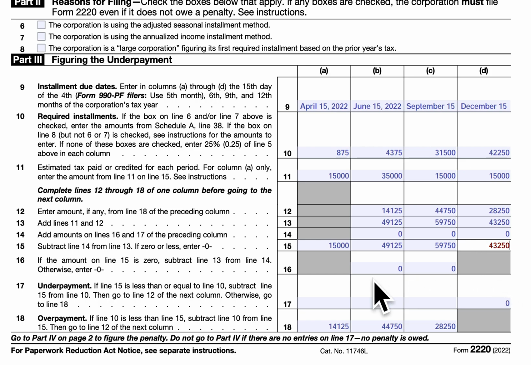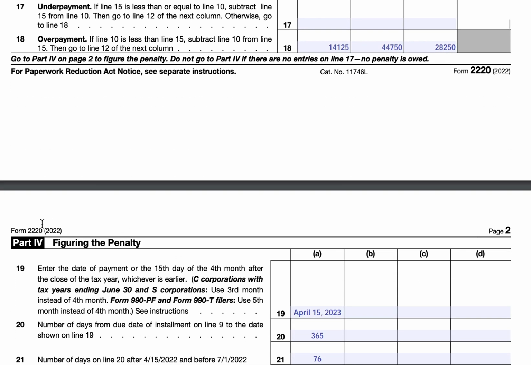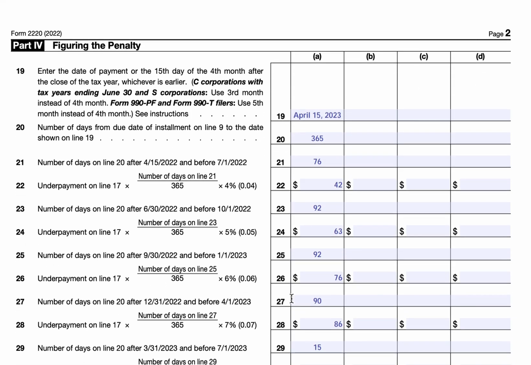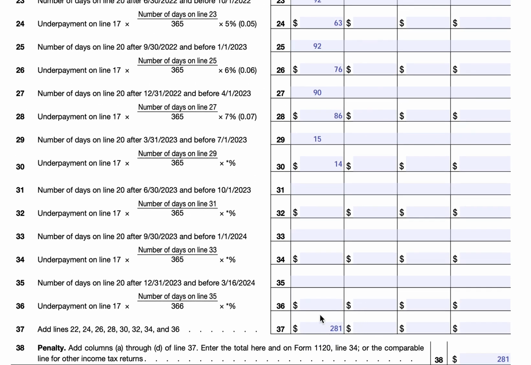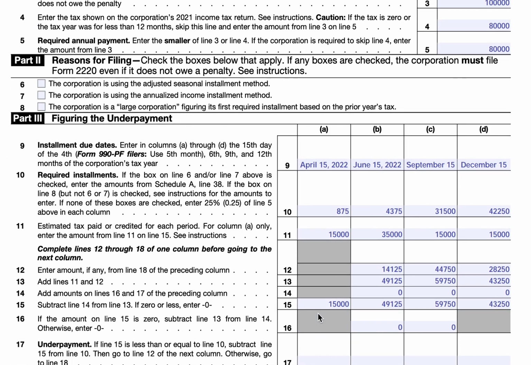But the more important thing is that line 17 is as clean as a whistle, which means we do not have to calculate this penalty on part 4. And this penalty that was $281 no longer applies because we used an alternate installment method. So that's all we have for Schedule A of IRS Form 2220.